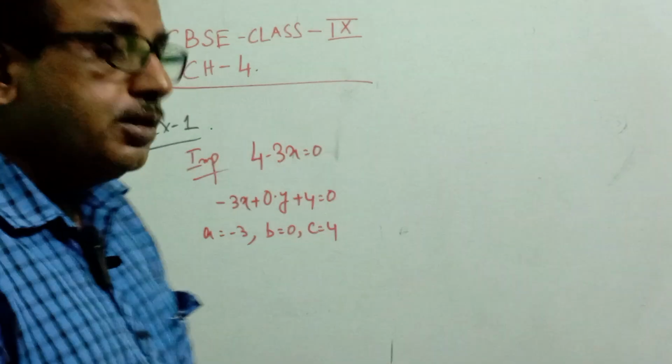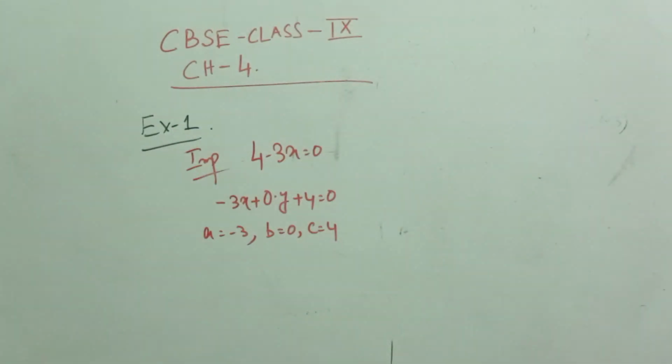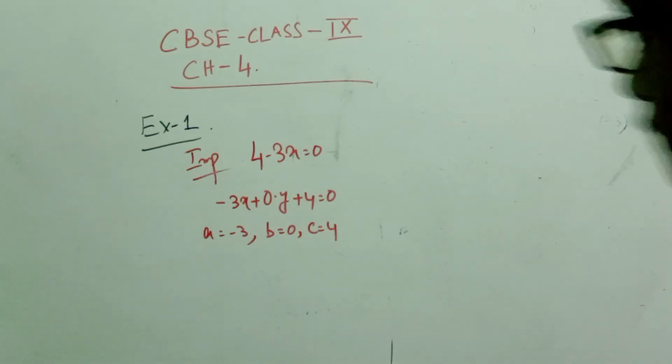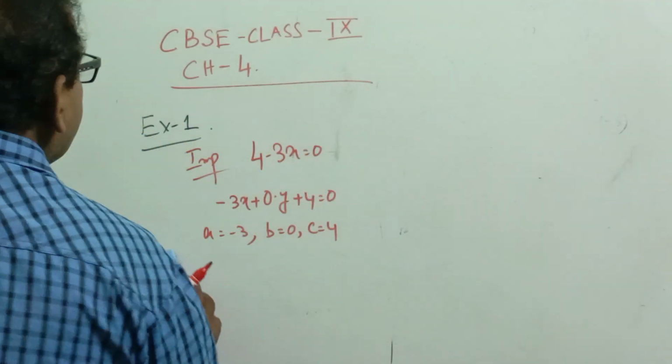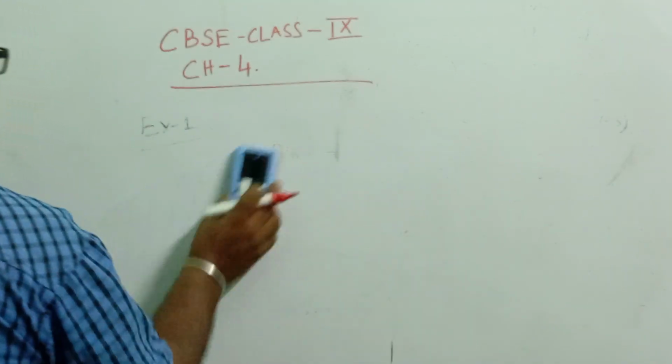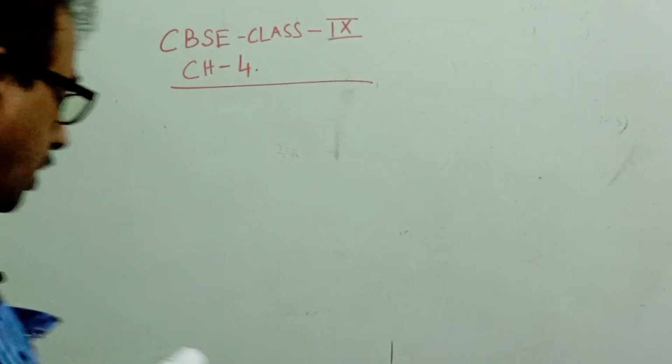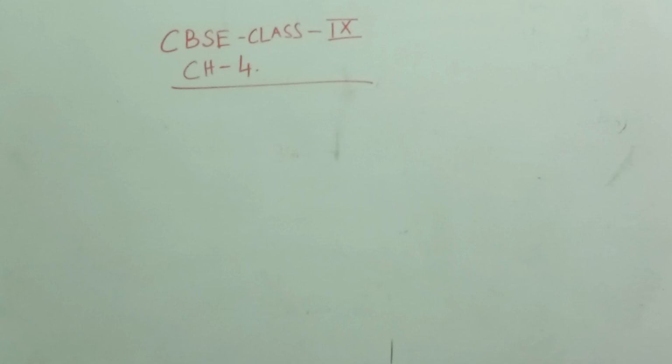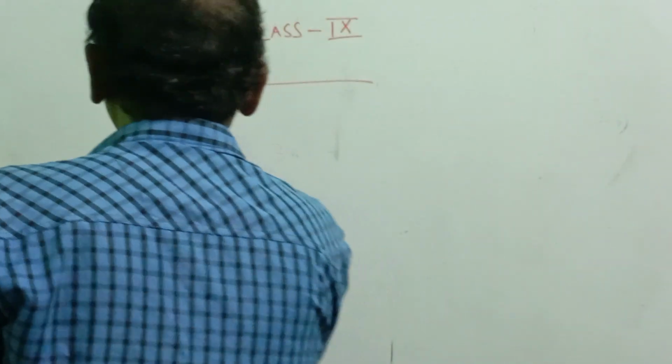Now if you go to the example exercise, that example 2, all these types of maths are there. What they have given? Write each of the following equation in two variable. Very carefully said that. What is the question?